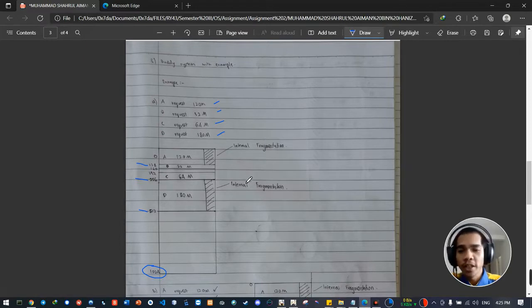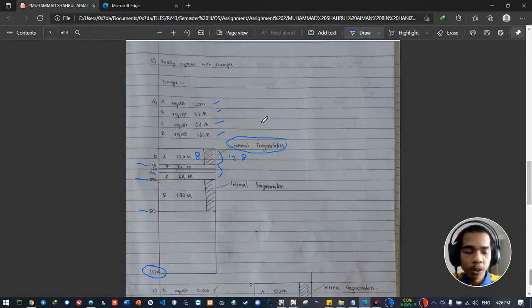So here is a 128 partition, and here is also a 128 partition. It is sufficient for process A. So process A will be put in the first block of 128 partition. The leftover is 8 megabyte, which will become the internal fragmentation here.